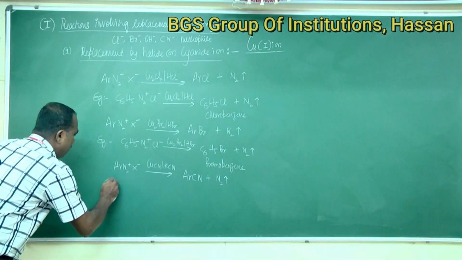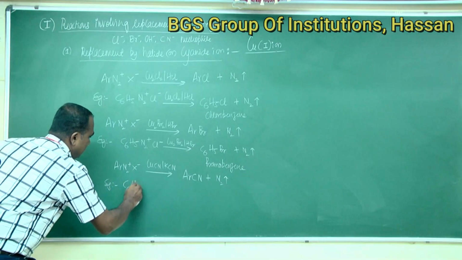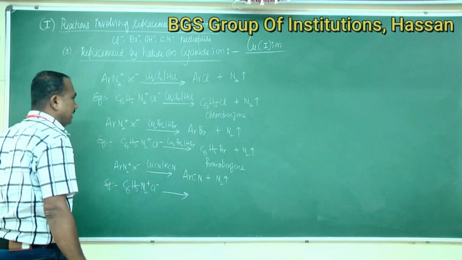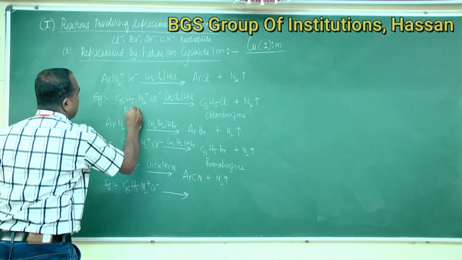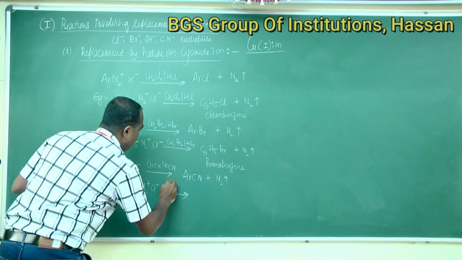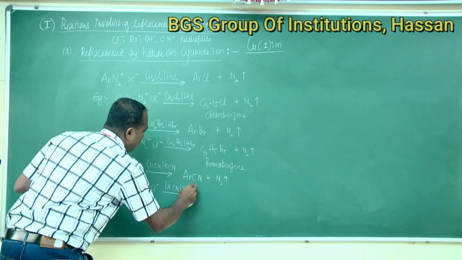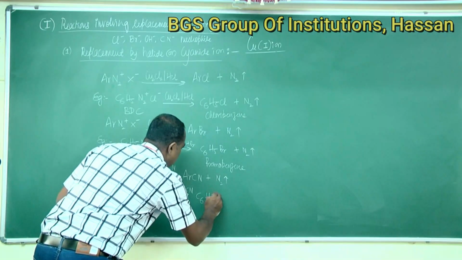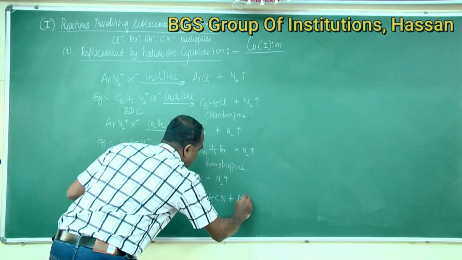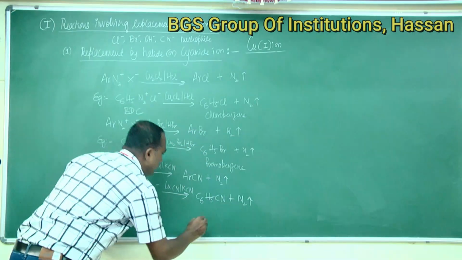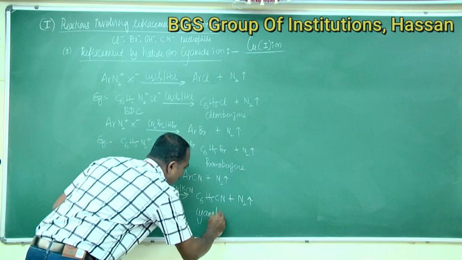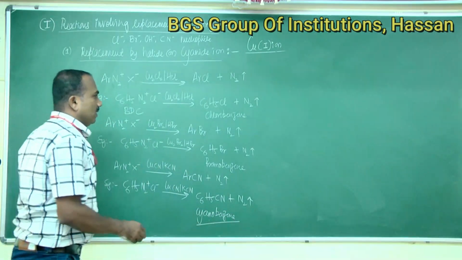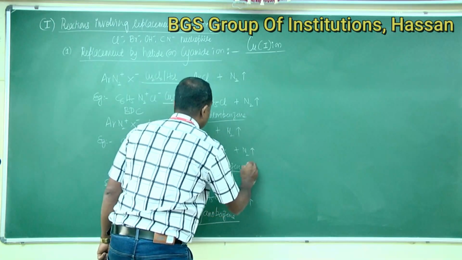Example for this one is C6H5N2 plus Cl minus, benzene diazonium chloride, which reacts with cuprous cyanide in presence of potassium cyanide to give C6H5CN plus dinitrogen gas. This is cyanobenzene.